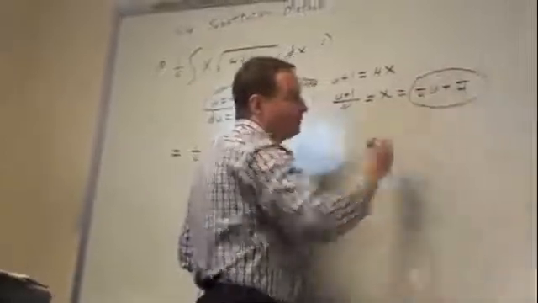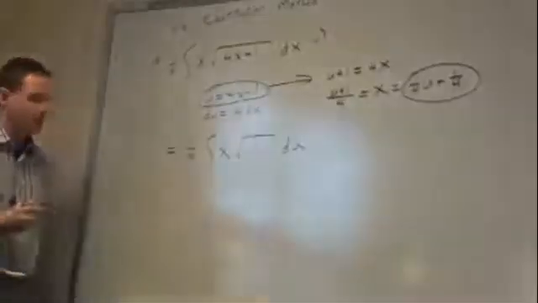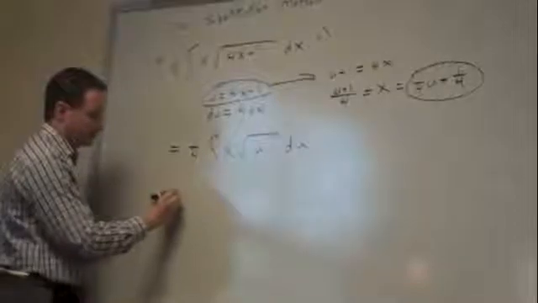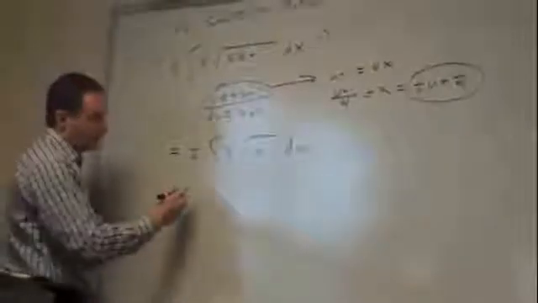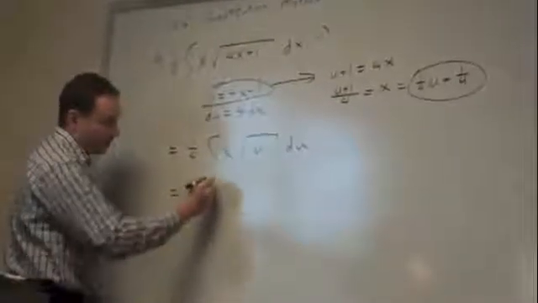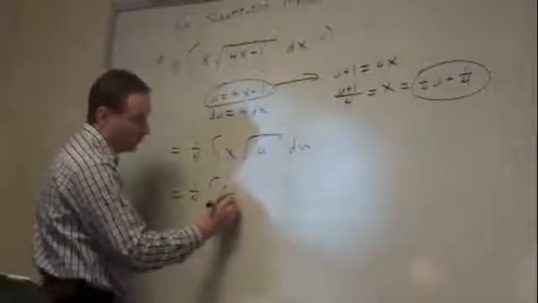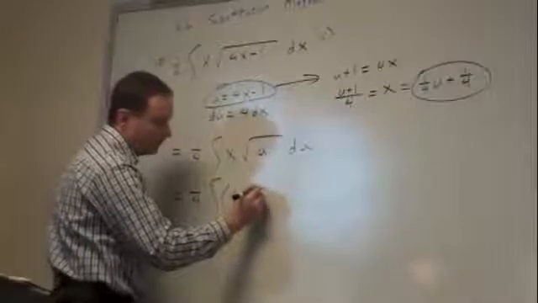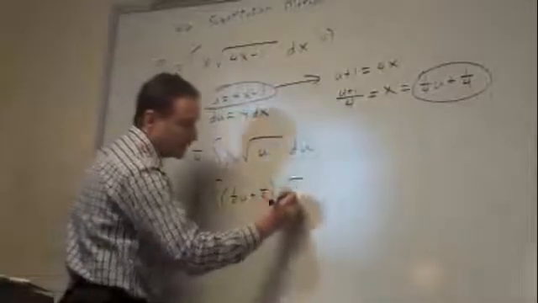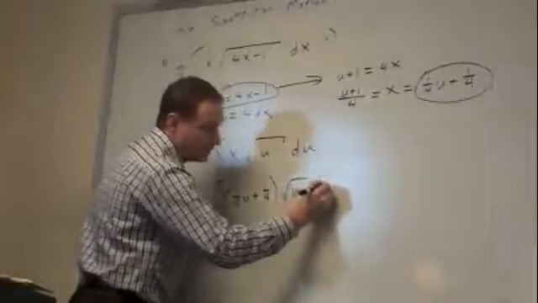That's what I want to substitute in for x. So I'll say, okay, this is going to be, I already have a 1/4 on the outside, and then the integral of 1/4 u plus 1/4 times the square root of u du.